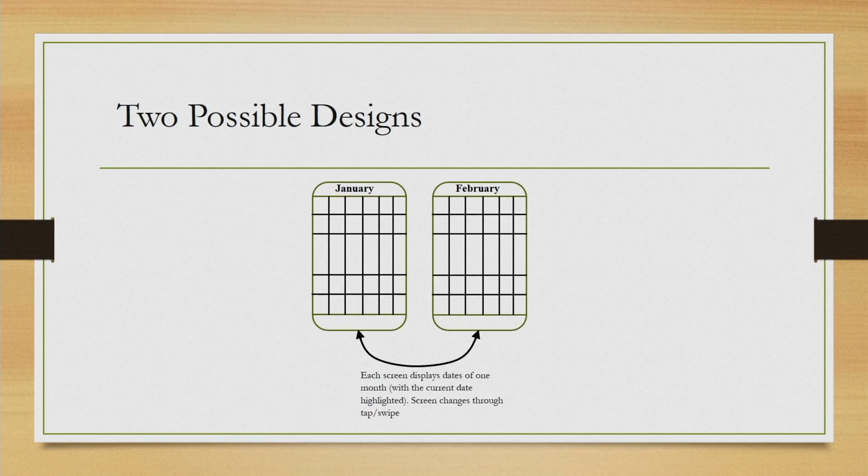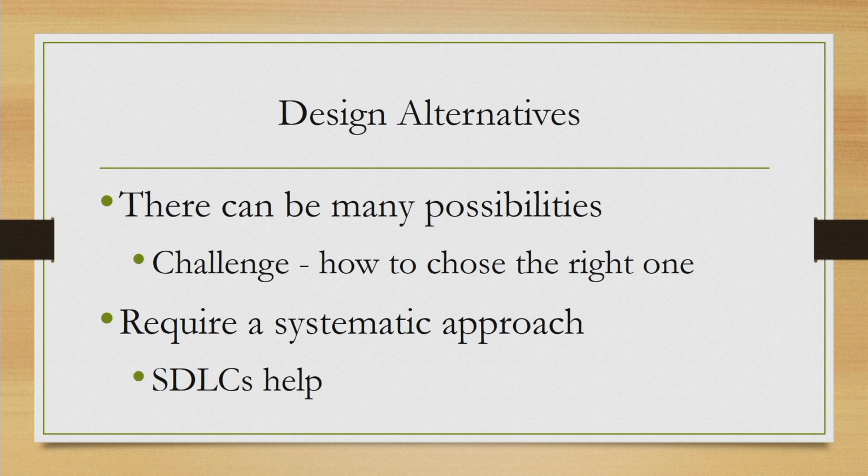We should not arbitrarily decide based on our likes and dislikes. Our, meaning the designers'. We should follow certain stages to choose a design that is likely to be acceptable to the users. Now, when we want to choose a design, the challenge is what should guide us in our choice.